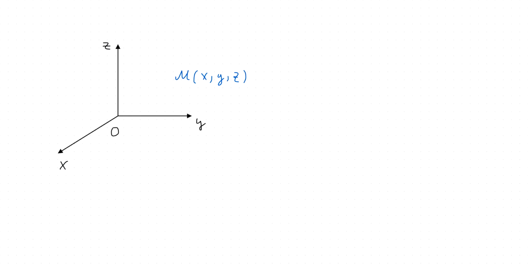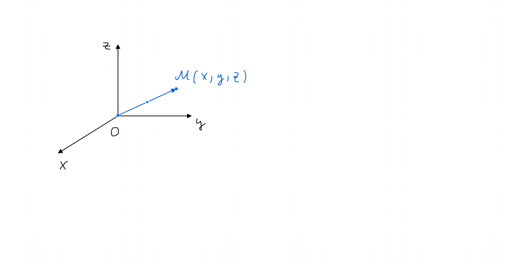But these coordinates are not the only way to define the place of a material point. It also may be defined by a radius vector. What is a radius vector? It is a vector whose initial point is in the origin, and whose final point is in the place of material point M. So on this picture, the radius vector is something like this.